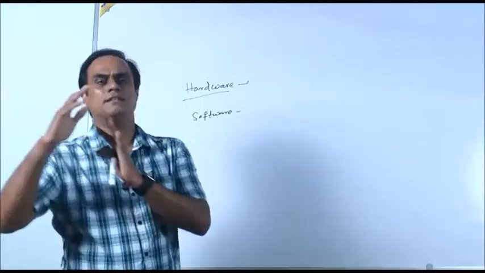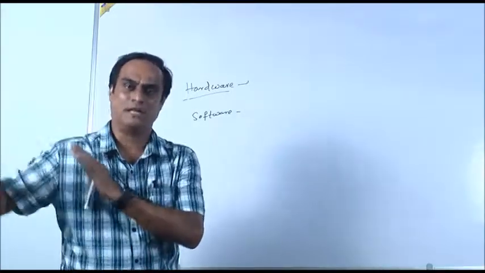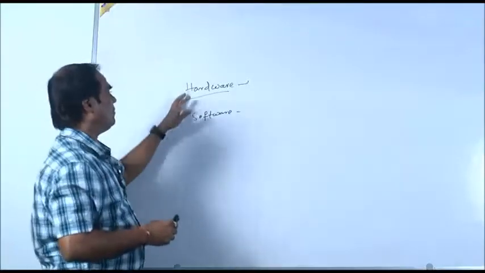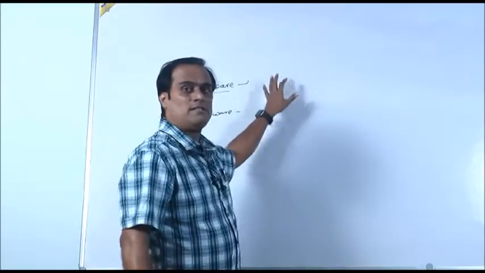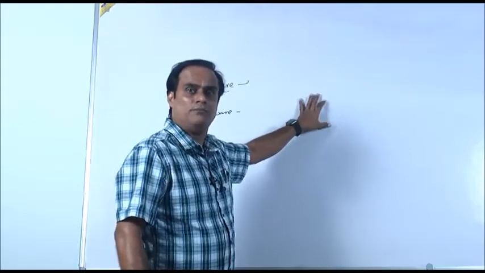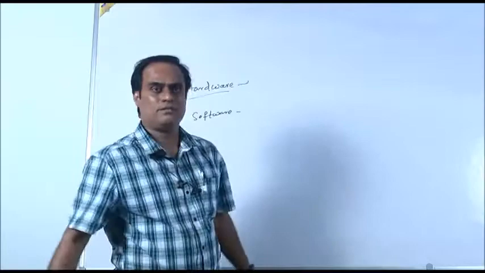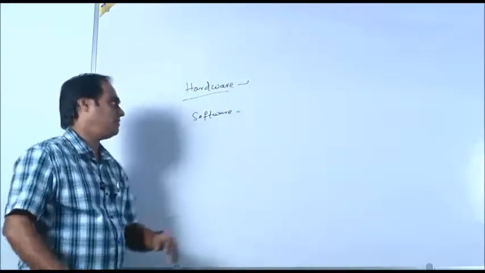What is a printer? It is an output hardware device to get the printout. So, what is hardware? Hardware means the physical components of the computing system. All the physical components used in the computing system are known as hardware.